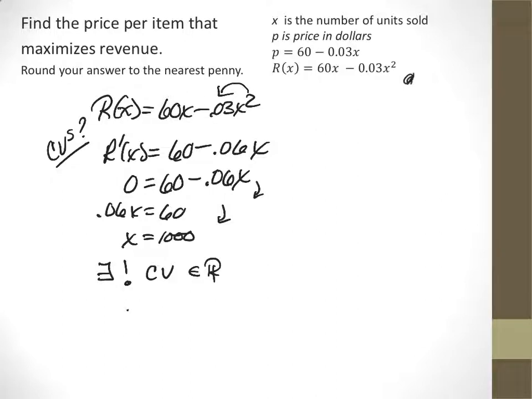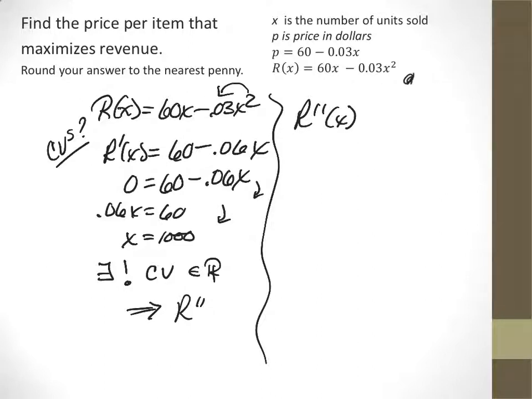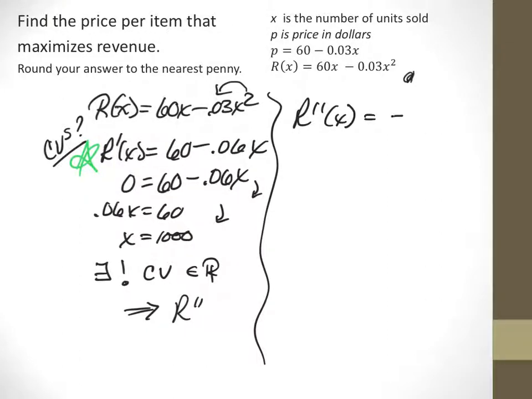And that also means, because of the absolute extrema that we're looking for, we can now use the second derivative and concavity to figure that out. So let's find the second derivative of the revenue. So we're taking this and finding its derivative. And when we do that, we get negative 0.06.